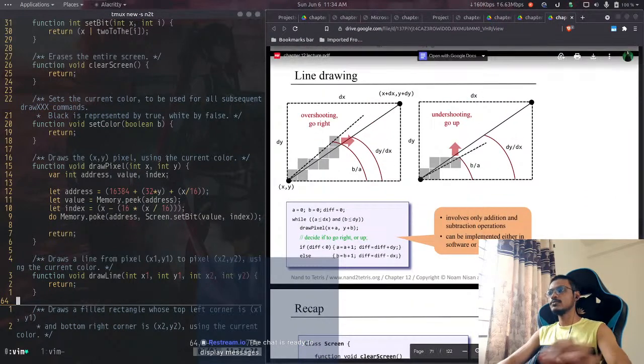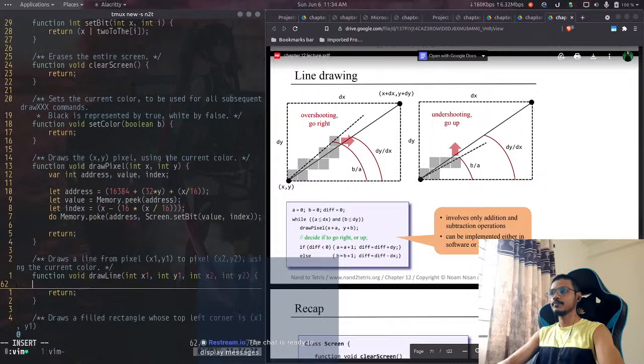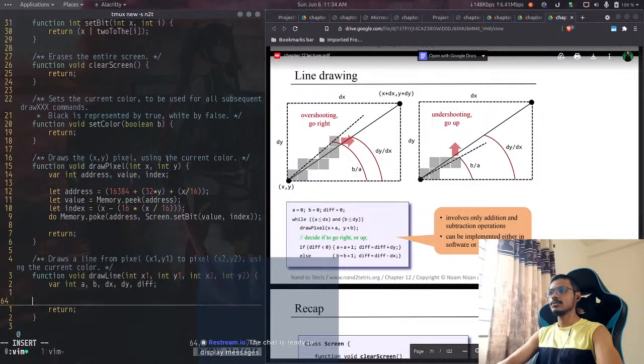Let's code it up. So we need int a, b, and diff. Right. Wait, we need dx and dy as well. Right. Yeah, dx and dy. Now let's get the value of a and b.